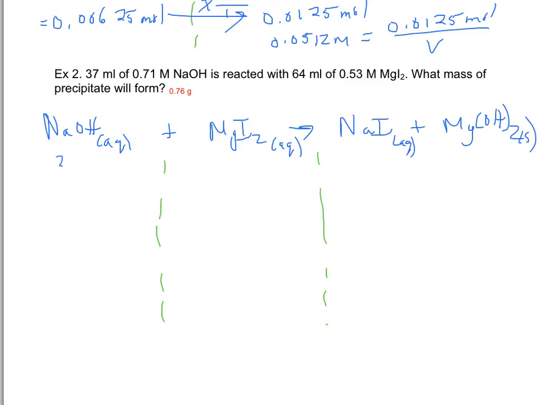And I'm just going to organize my numbers here. I do this because it's really easy to switch a number. And I almost forgot again, I have to balance my equation. There we go. Now we're ready to start our question.